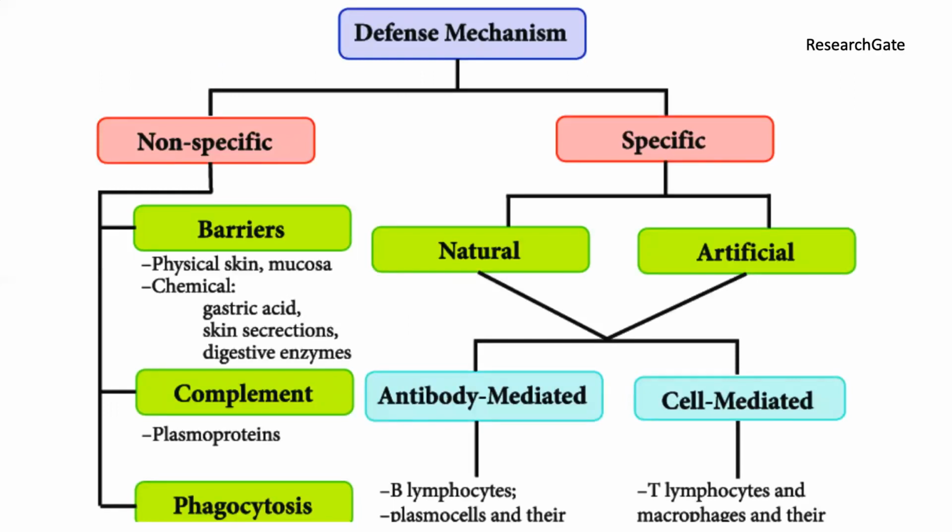Before we go to the immune system, let's start with the body defense mechanism. Every one of us has defense mechanisms. We all have both non-specific and specific defense mechanisms. Non-specific defense mechanism, number one, is the barrier, like our skin and our mucous membrane, which is a physical barrier.